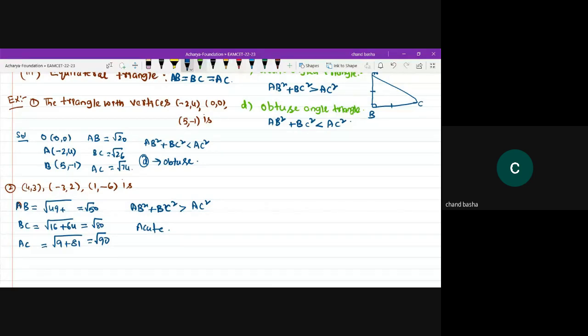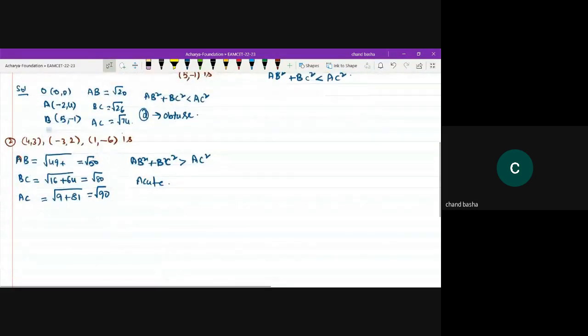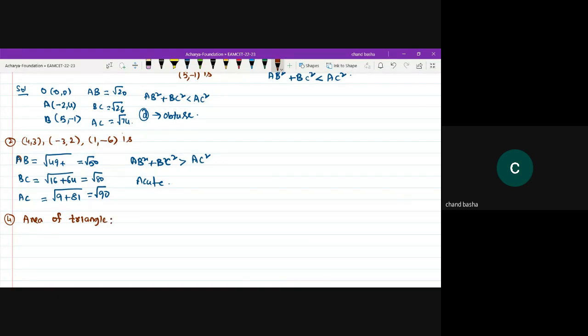Point number 4, area of the triangle. Everyone will remember this: the area of the triangle formed by the vertices ABC, where 3-4 cases will be given to you.